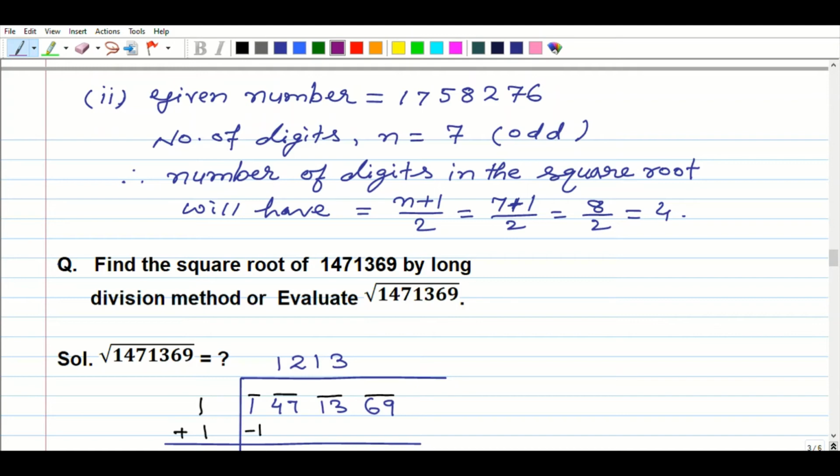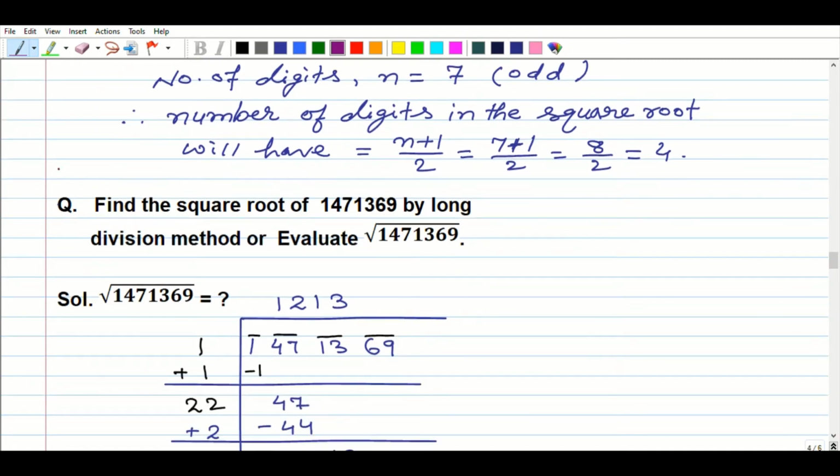Now after that, make pairs. After pairing, you will see here, put a bar over every pair of digits starting from the units digit, which I have shown here, right? Here make a pair, okay.